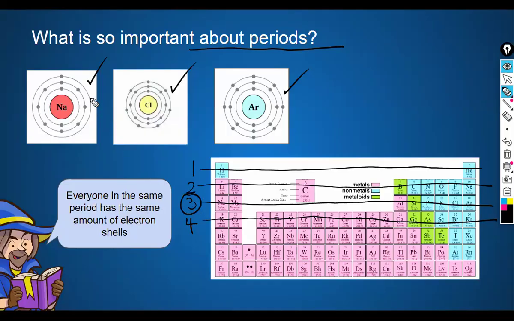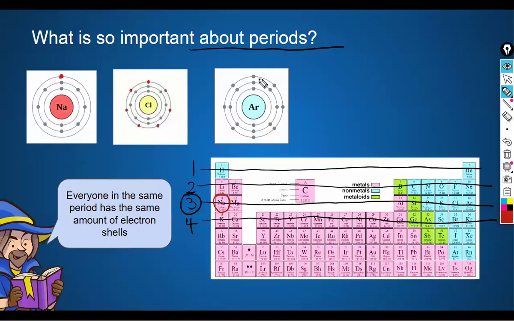You notice all of them are in period 3, and all of them have a different amount of valence electrons. Remember, sodium is in group 1, so he has 1 valence electron. Chlorine is in group 7, so he has 1, 2, 3, 4, 5, 6, 7.